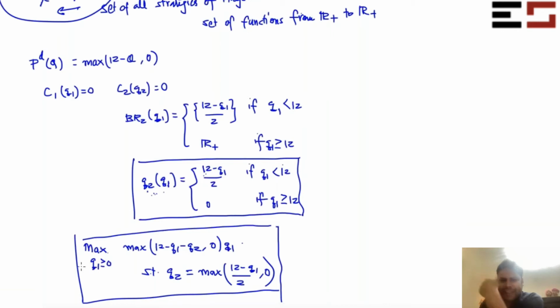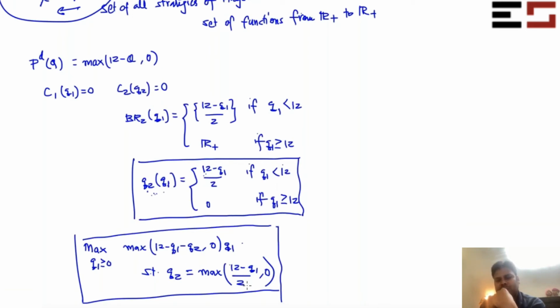Again, it's not a difficult problem, it's very simple. It's a one variable optimization problem. You just have to see what's going on here. What if you choose Q1 to be more than 12?